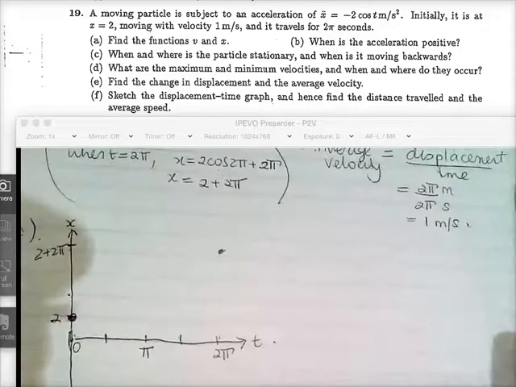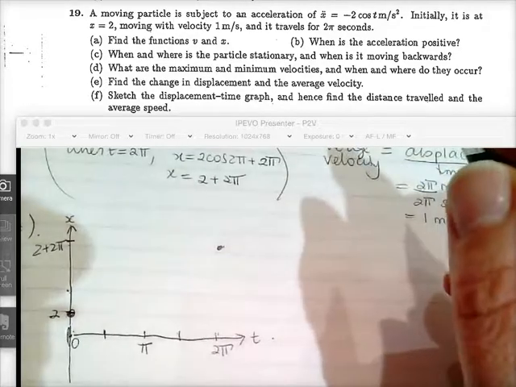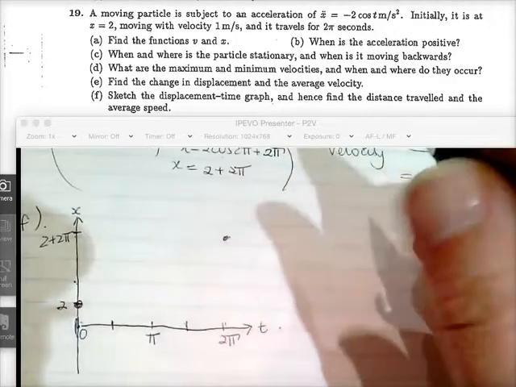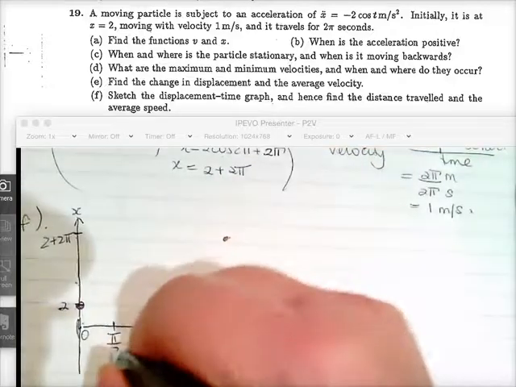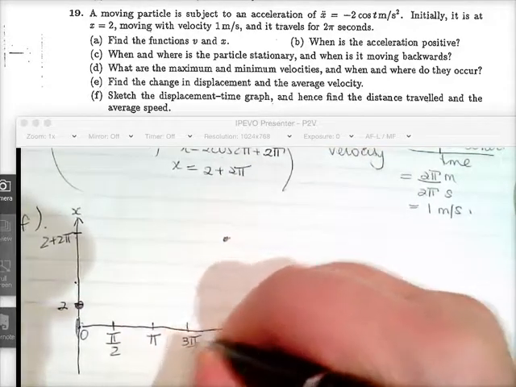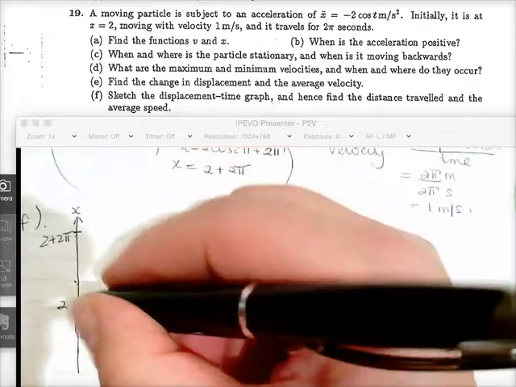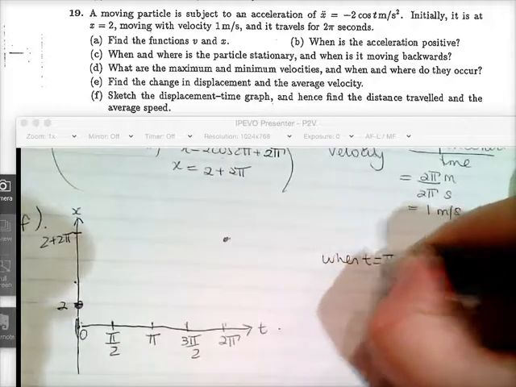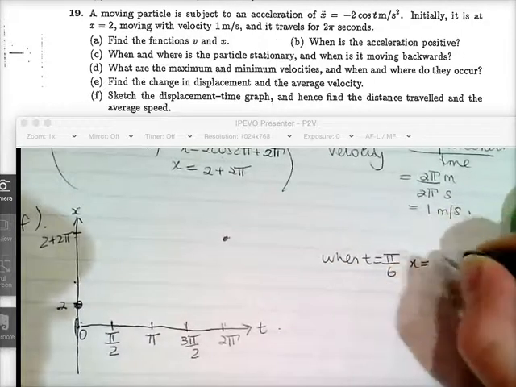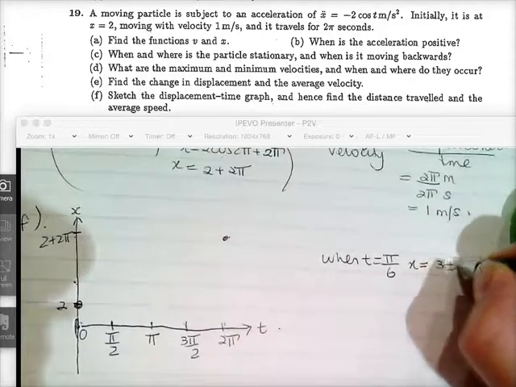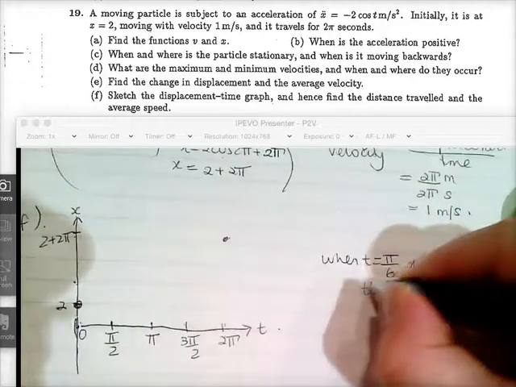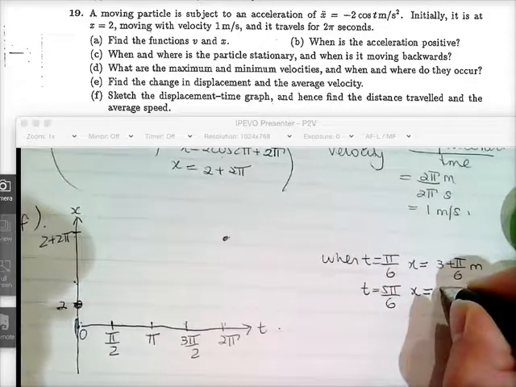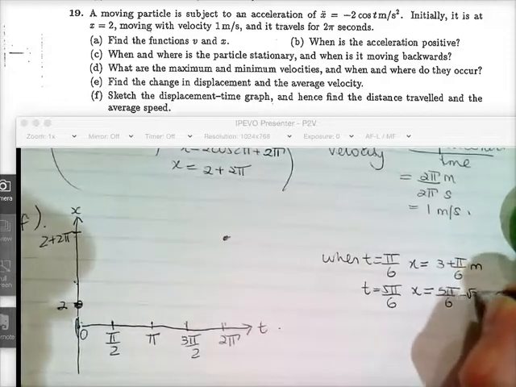Now I do have some other positions as well. If we look back, when time is pi on 6, we know that the particle is at root 3, so I also know that when t is pi on 6, x is, from an earlier part, root 3 plus pi on 6 meters, and when t is 5 pi on 6, x is 5 pi on 6 minus root 3 meters.